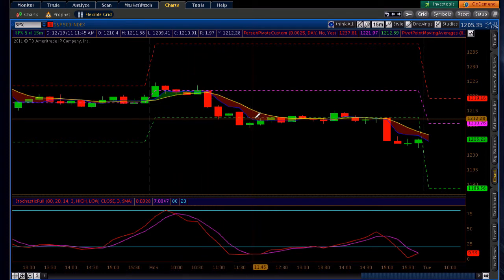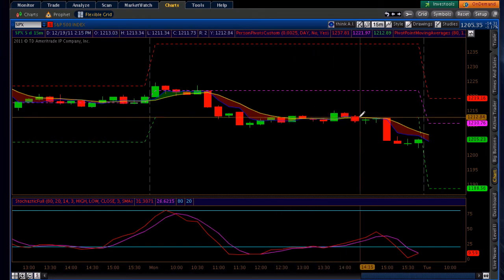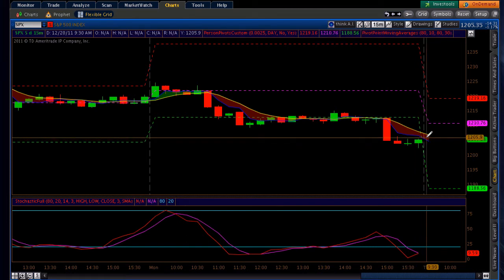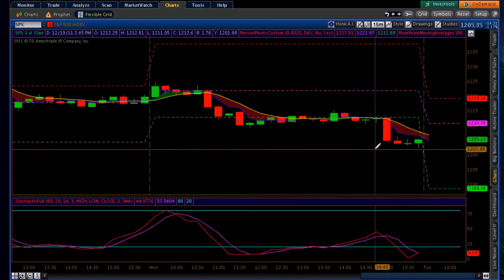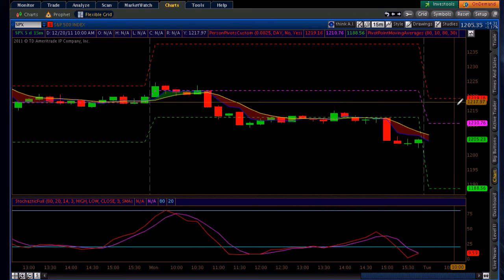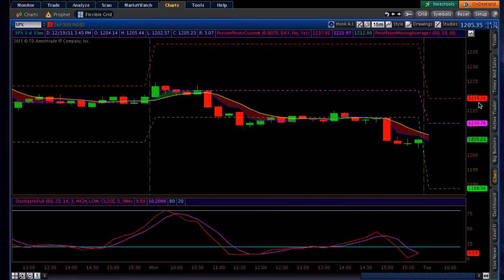We gained support at the intraday support pivot, and then we just sold right off. So tomorrow's S&P intraday pivot points are going to be: the resistance pivot is at 1219.16.